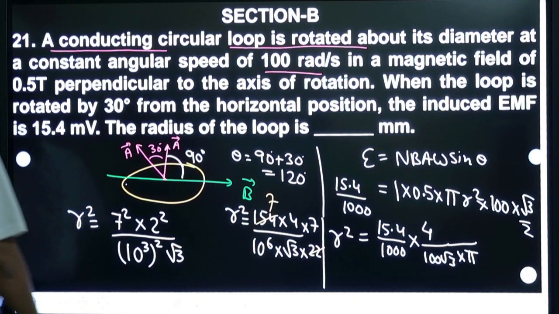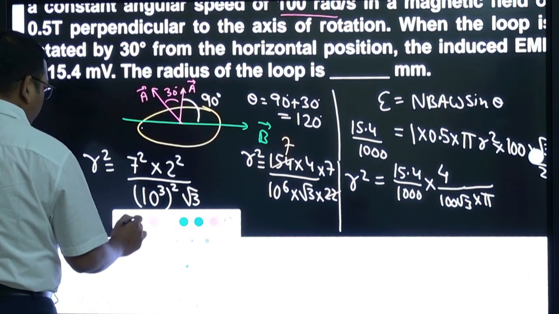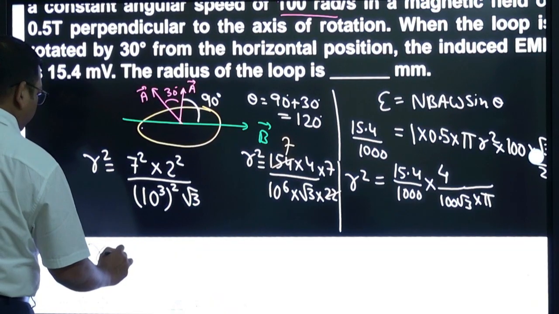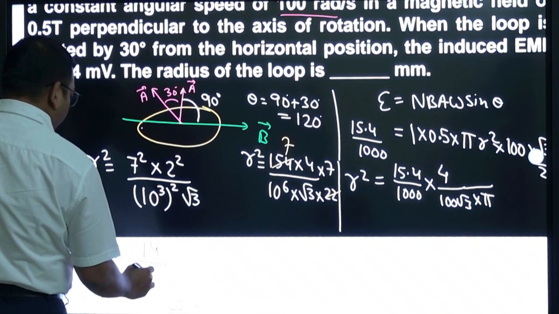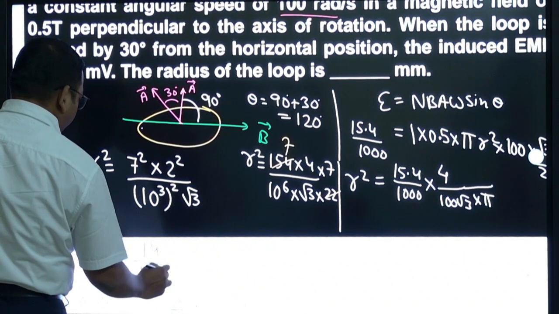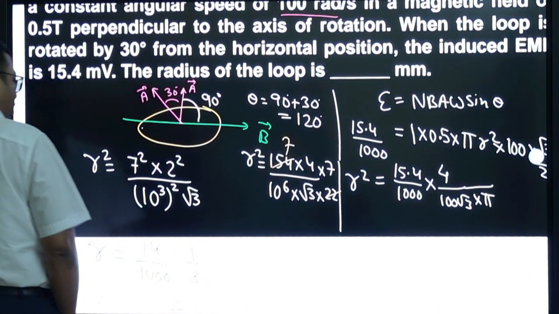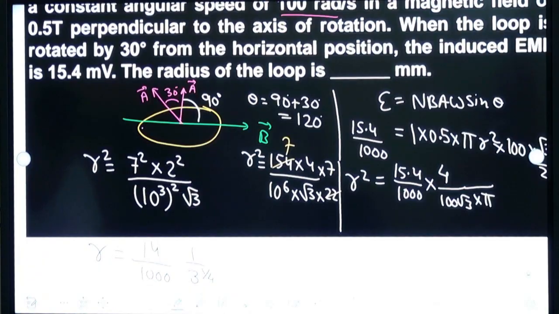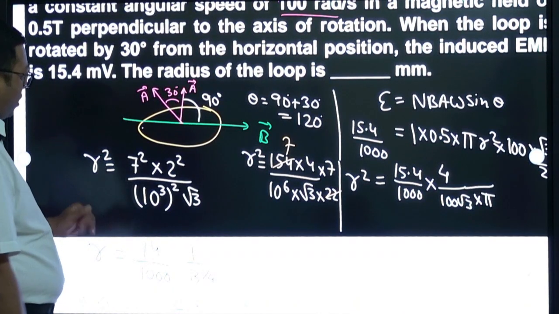Okay, so if I take r square and try to solve this, what will I get as r? Square root means 7 into 2, 14, by 1000, that will come, right? And 1 by 3 to the power half, a factor of 1 by 4 it will become, correct? Now what can we do from here?